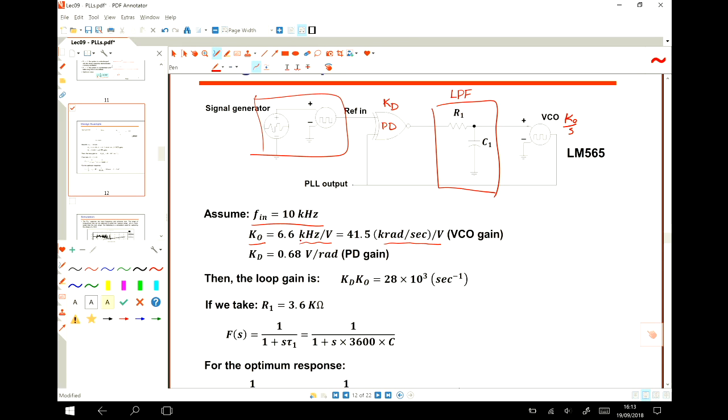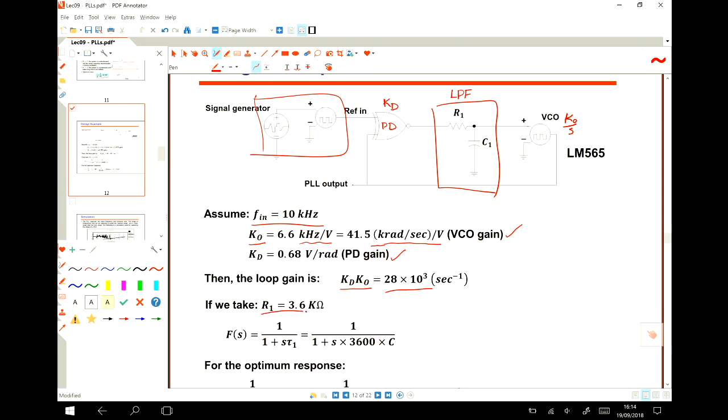Just consider that if you get a value in hertz, you have to change it to radian. So this is the gain of the VCO, this is the gain of the phase detector, and this KD value is this one, 1/2.